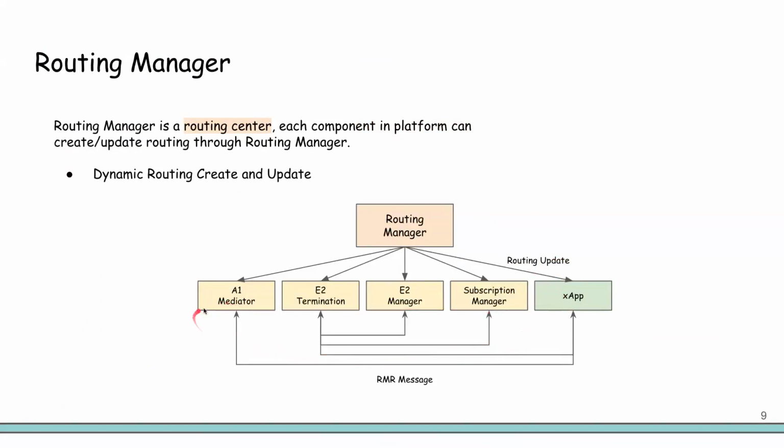Actually, in the Near-RT RIC platform, the routing manager is just to create the routing path. Why do we want to create the routing path? Because we may deploy an xApp while the components are at runtime, or we may add additional components. So it contains the list of xApps, right?